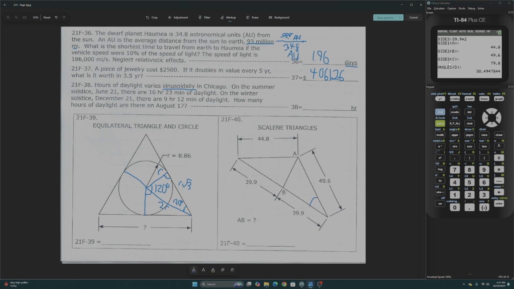So it's stored under D, right? So triangle, we'll go right back in, side angle side, bang, 49.6, and the angle is under variable D, then 39.9. And you get 25.3, which is correct.